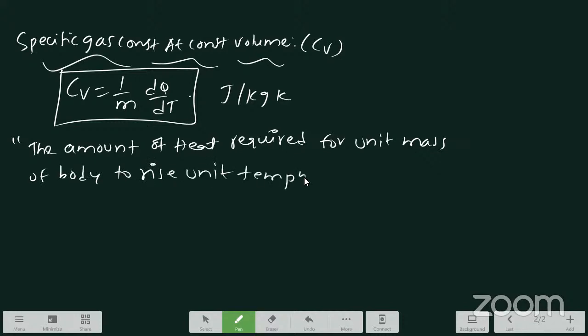This is Cv. Cp, Cv, Cp: P stands for pressure, V stands for volume. Gas constant at constant volume, previous gas constant at constant pressure.